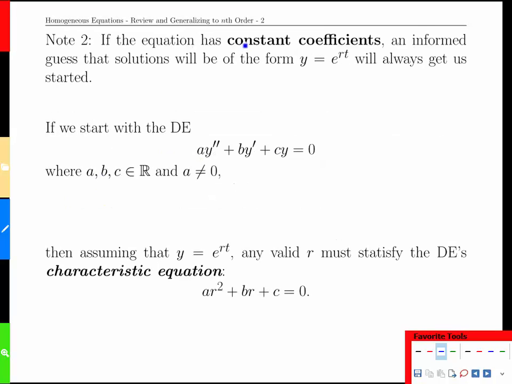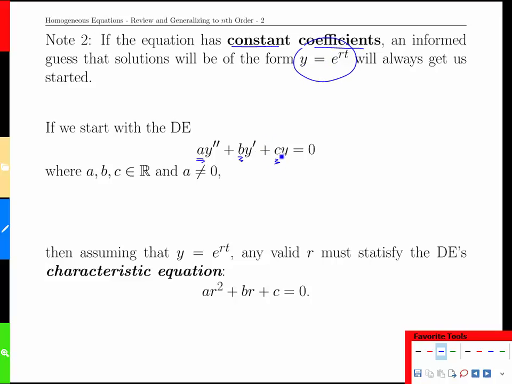If we further zoomed in and focused our attention on differential equations with constant coefficients, so instead of p of x and q of x, we actually had single scalar values in front of the derivatives and the y function, then what we could do is make an assumption. We would assume that our solutions look like an exponential.